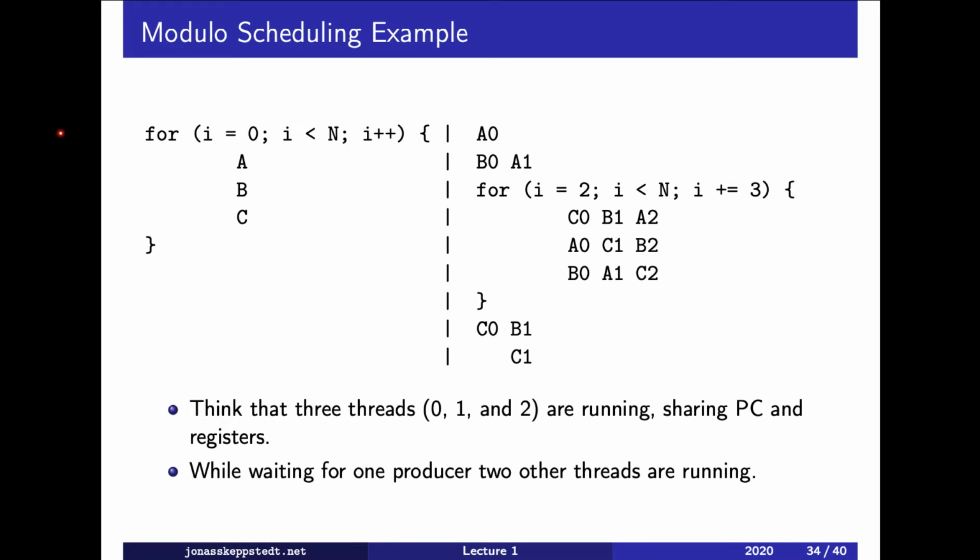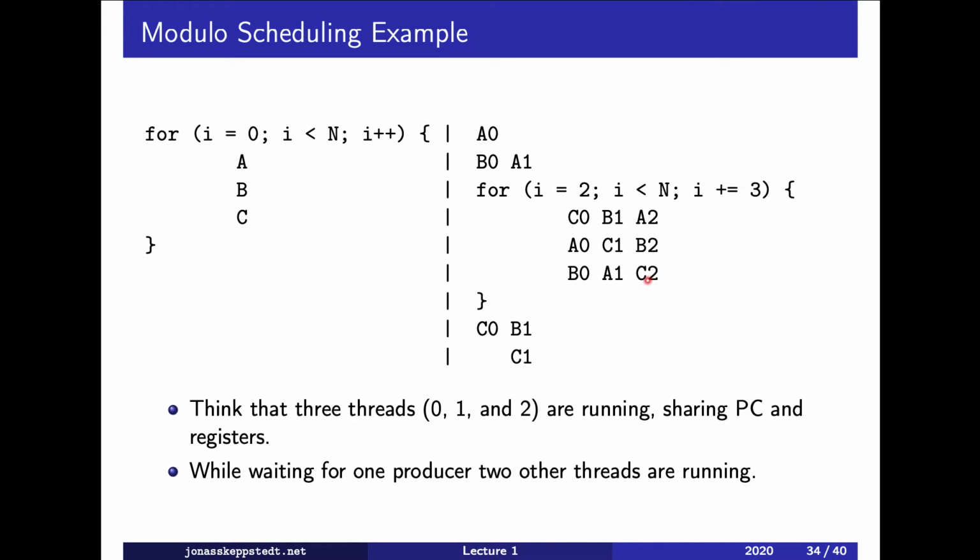So instead of only doing first A, then B, and then C, we can take one instruction from one iteration, another instruction from a later iteration, etc. In this case, we run 3 iterations at the same time. For that, we also need a prologue to start up and an epilogue to finish.